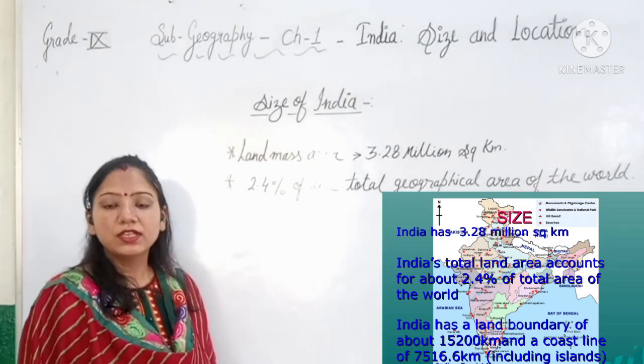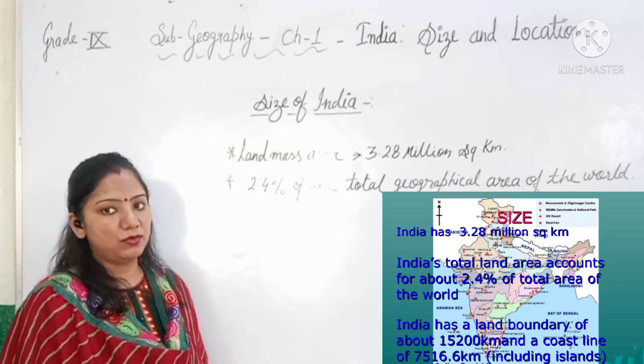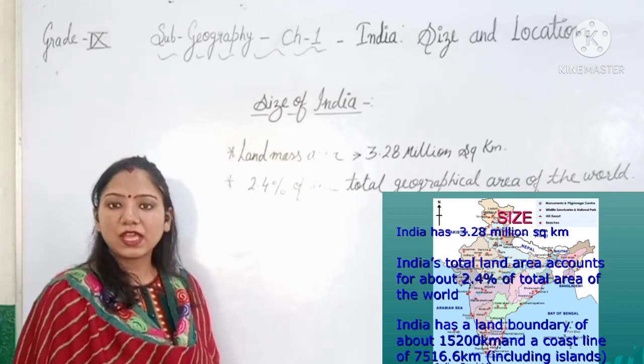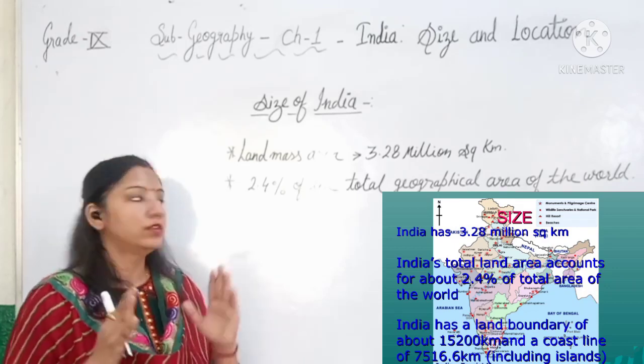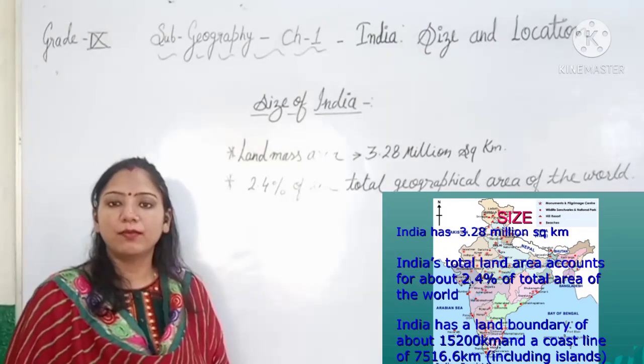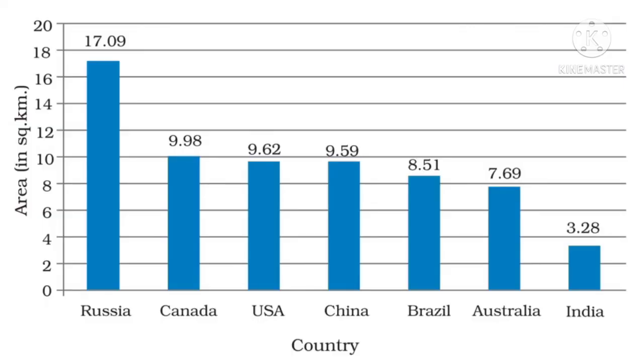For that, just look at the bar graph which is also provided in your book. How many countries are there which have a bigger landmass area as compared to India? So students, just look at figure number 1.2 in your book, which is according to the census year book 2015.